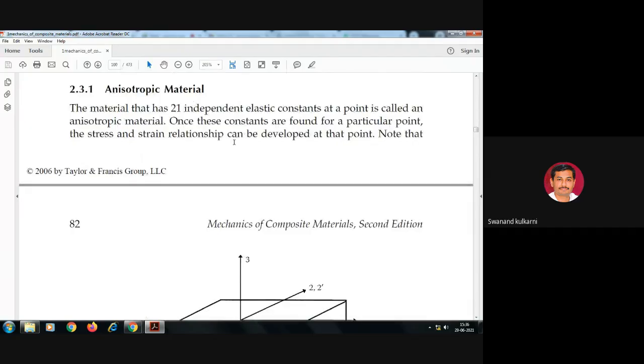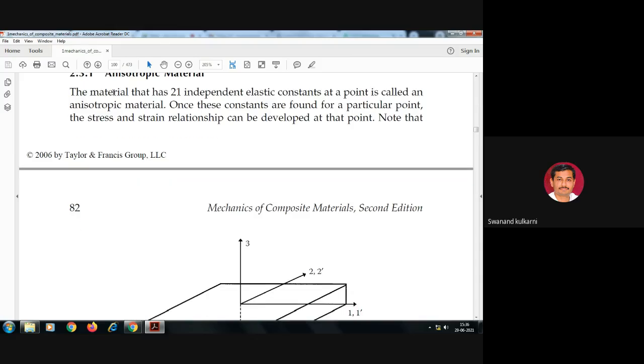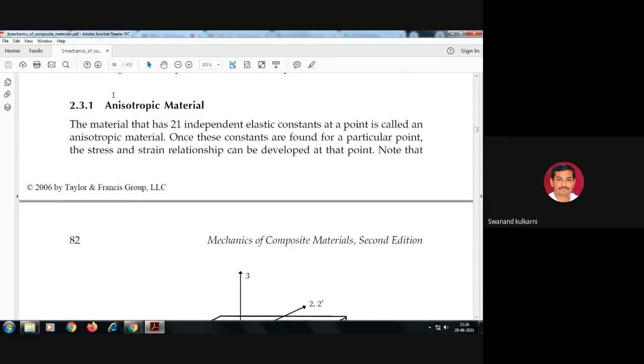Now come to the first kind of material, that is anisotropic, because step by step we will move from anisotropic to isotropic. If we consider the anisotropic material, then the material that has 21 independent elastic constants at a point is called an anisotropic material. Is it okay? The maximum independent elastic constants are 36, from C11 to C66, that we have seen now.